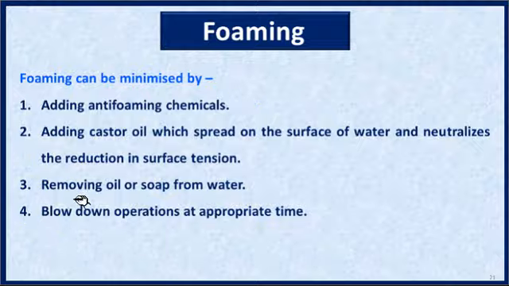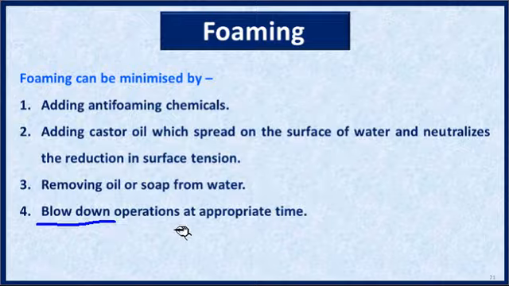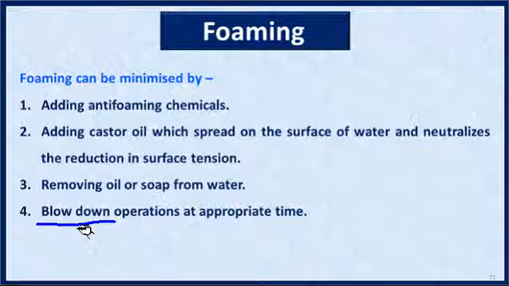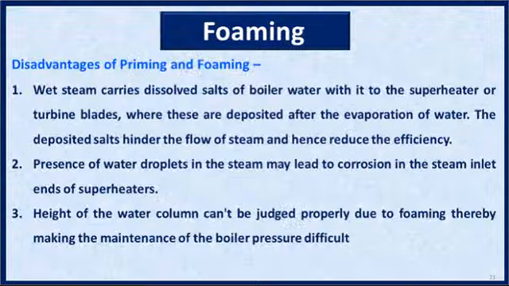What are blowdown operations? We discussed it in the sludge formation prevention method. Blowdown operation is the removal of concentrated boiler water and replacement with fresh water, so that the concentration of salt cannot increase in the boiler feed water. So these are the methods to prevent foaming.